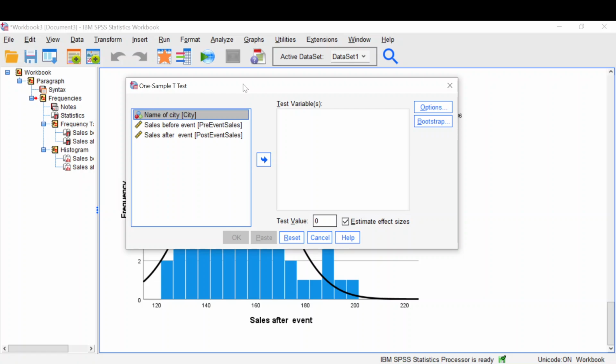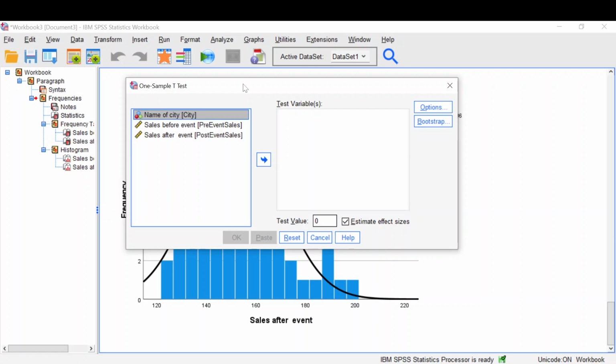So in a one sample t-test, in this case, we're comparing the sales after the event with some sort of predetermined average. So in this case, we want to know, for example, is there a difference between our average of 140 units that we typically sell in an average day versus our after event sales? Is there a statistically significant difference between the two?